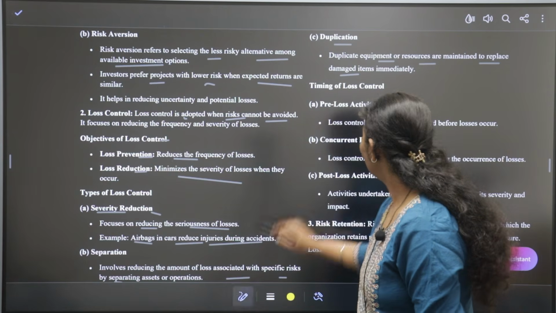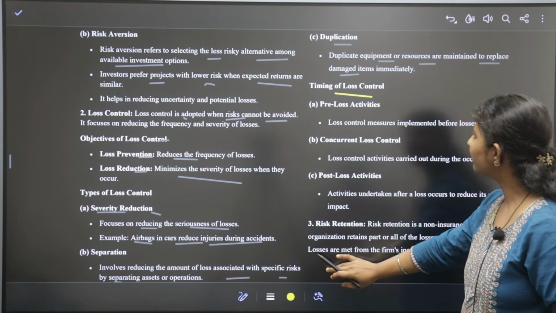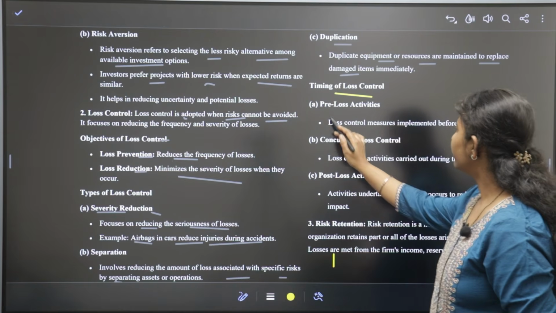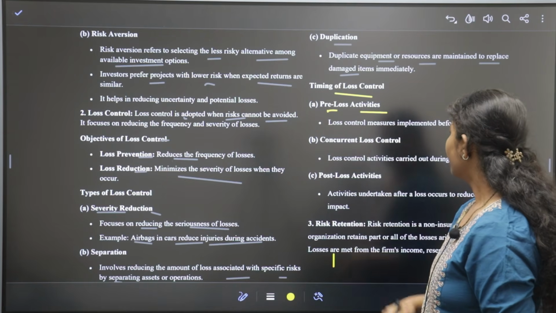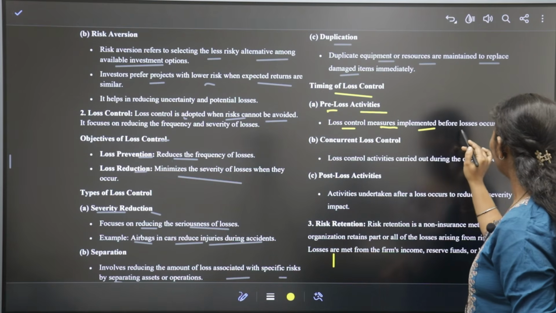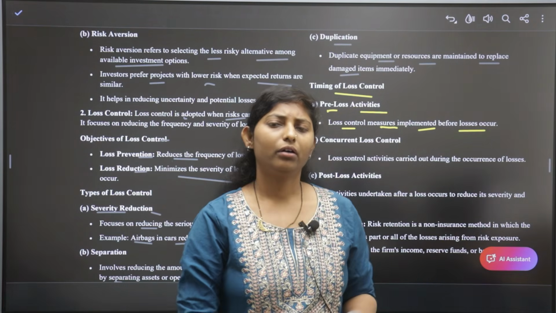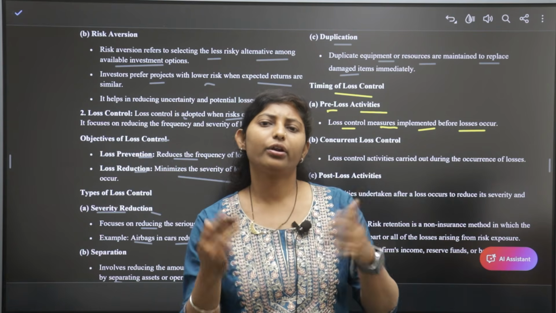Next we have timing of loss control. We have three types of timing. First is pre-loss activity: loss control measures implemented before the loss occurs. We are controlling it before it occurs.